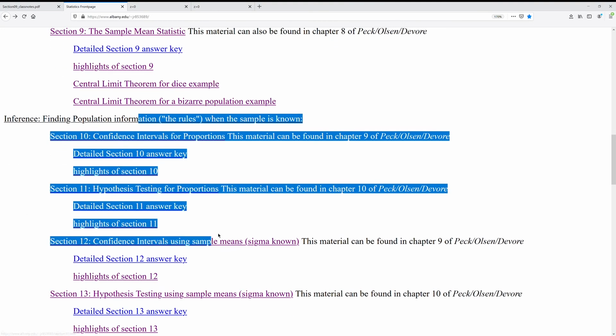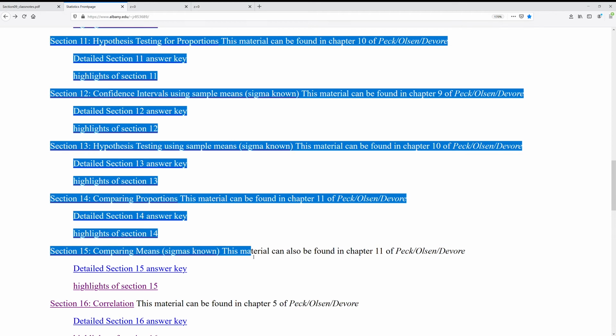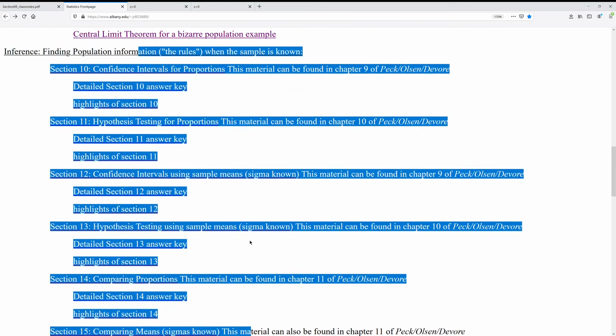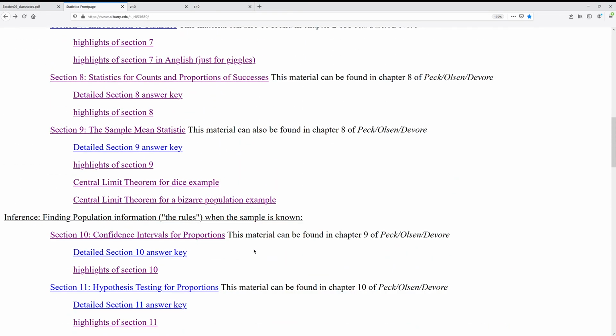What is going to be confusing, the only new thing that is going to be confusing about sections 10 to 15, is going to be the logic of what we're doing. Real-world inference, making conclusions about the population from the sample you've already done, is philosophically weird, because the population is what it is and can't be something else.